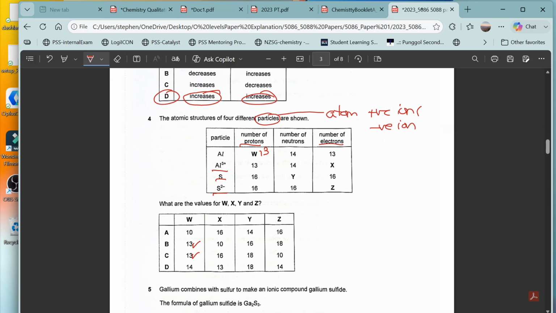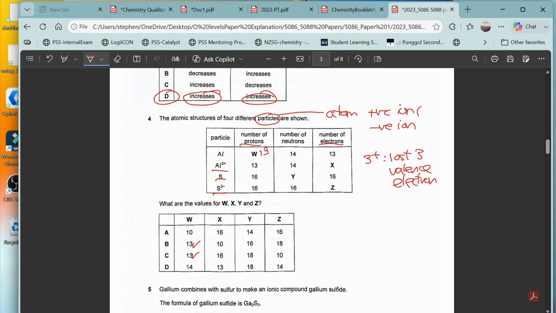Now the tricky part is here. The 3 plus means loss of 3 valence electrons, not gain. A lot of students always make this mistake. If you lost 3 valence electrons, then you may ask me, how come it's positive? Now I use mathematics.